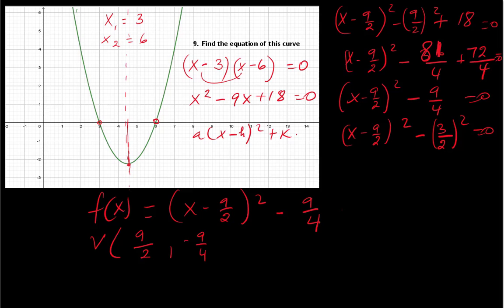We divide 9 by 4, we get 2.25 probably. If you look at here, this is exactly what it is. So this is our final equation, and this is what we're looking for. Problem solved. Let's check the next one.